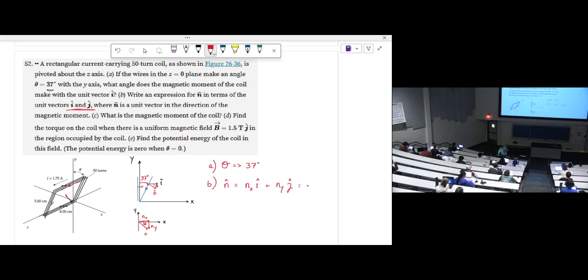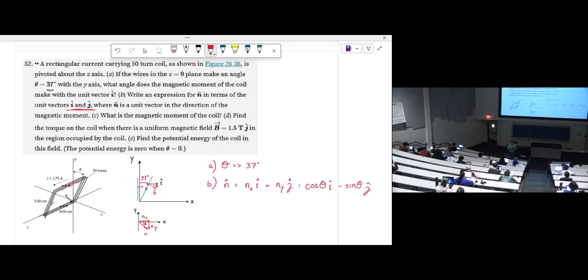So n has magnitude 1, so just the cosine of theta times i hat. Then we go down along the negative axis, so that's minus the opposite side here, sine theta, j hat. That's it. Why is it a minus sign? Because I'm pointed along the negative j direction.